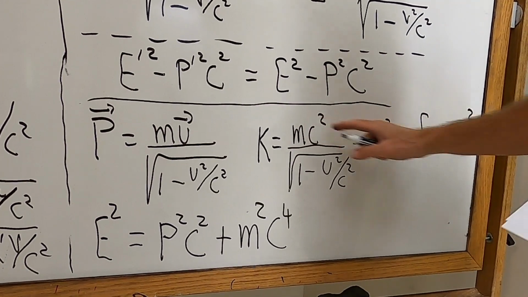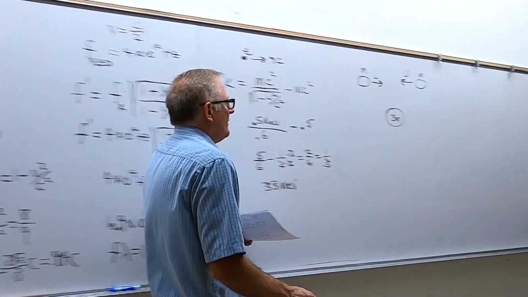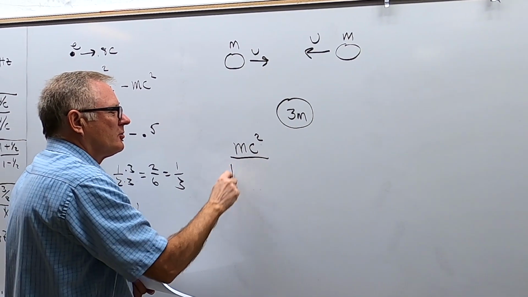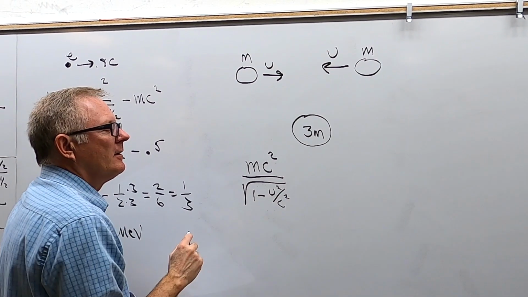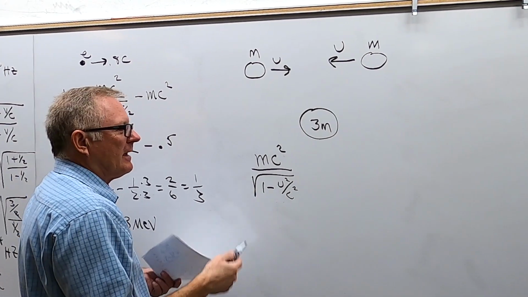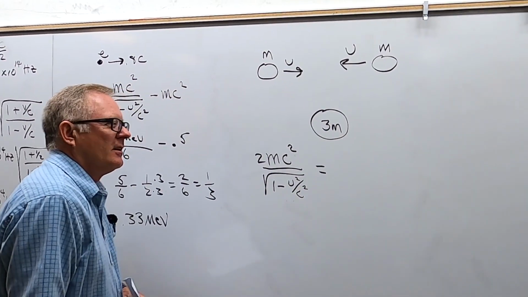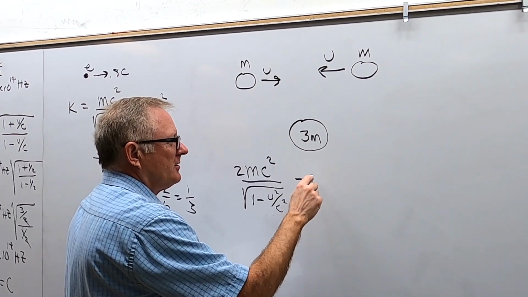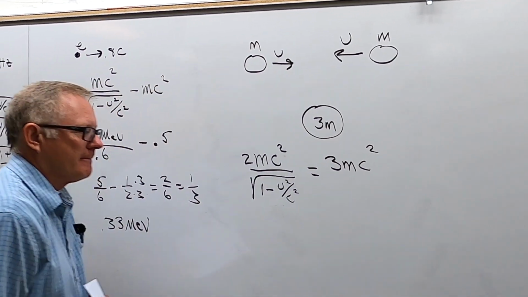It's mc squared all over the square root of 1 minus u squared over c squared, plus that energy, but that has the same energy because it has the same mass, same speed, so I can double it. And then afterwards, it's not moving, so it's all rest energy, which should be 3mc squared.